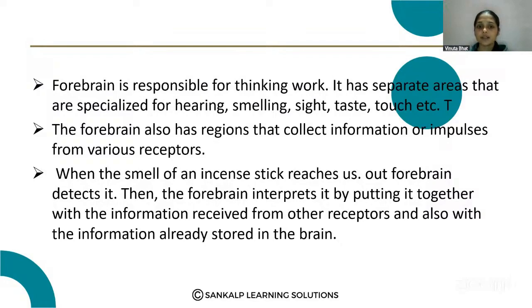When the smell of the incense stick reaches us, the forebrain detects it and interprets it by putting it together with the information received from the receptors and with the information already stored in the brain. So mainly the forebrain is involved in this process. The receptor present in the nose receives and transmits the impulses to the forebrain, and the forebrain sends the response or impulses to the parts whenever it is needed.